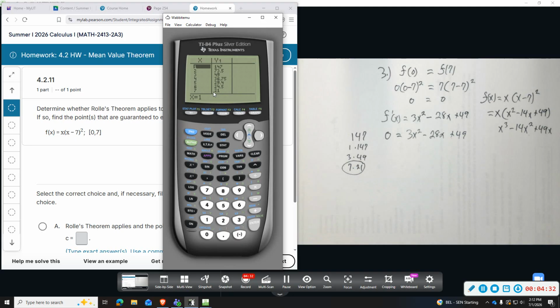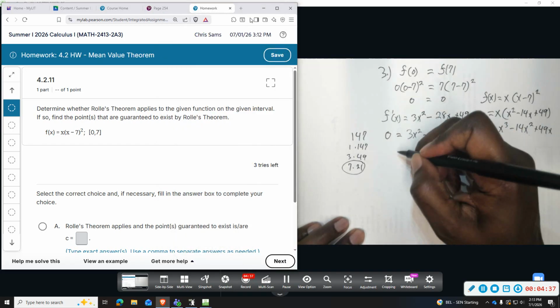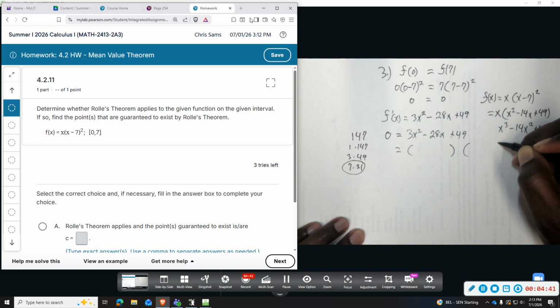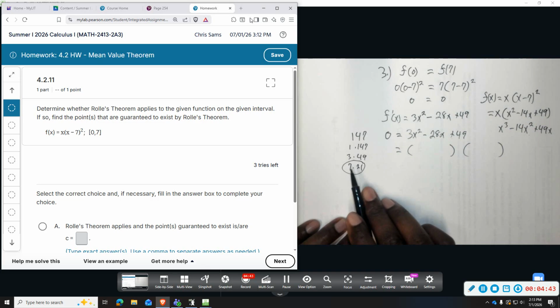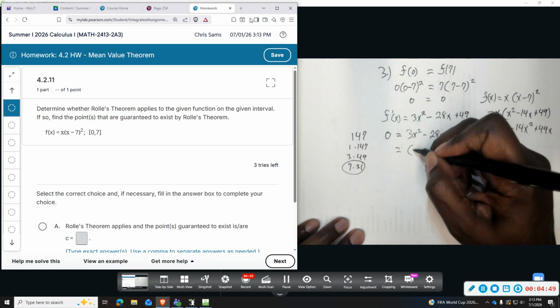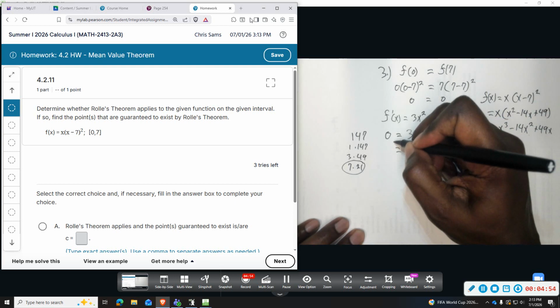Okay, so I found the numbers that we need. So continuing with the factoring process, 2 sets of parentheses. Now I do it a little bit different. So again, the leading coefficient of 3, I don't know where it goes, here or here. So I'm going to put it in both. Again, this is incorrect, but we're going to fix it. So just let yourself know that this is wrong.